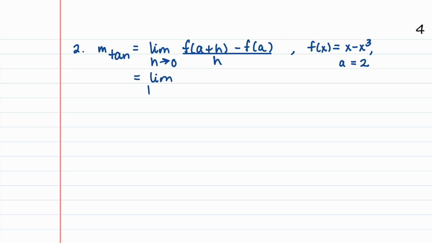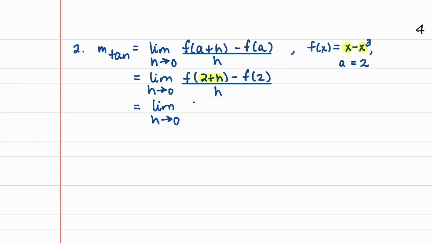Let's go ahead and plug this in. This is the limit as h goes to 0 of f of 2 plus h minus f of 2, all divided by h. I think it's really important when you do problems like this to not do too many steps at once. Now what we're going to do is find f of 2 plus h. Wherever we have an x, we are going to plug in 2 plus h.